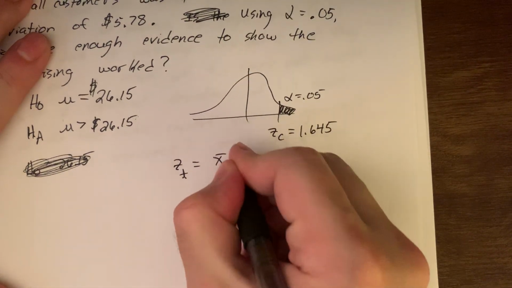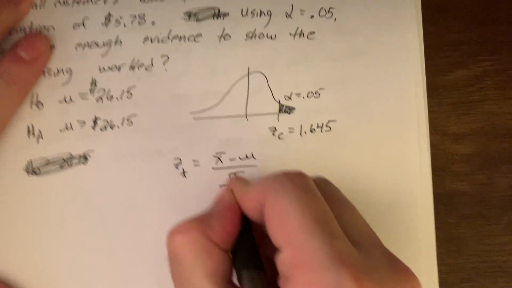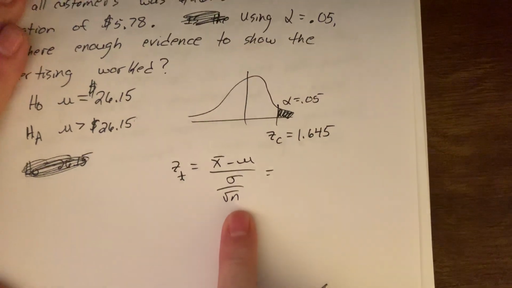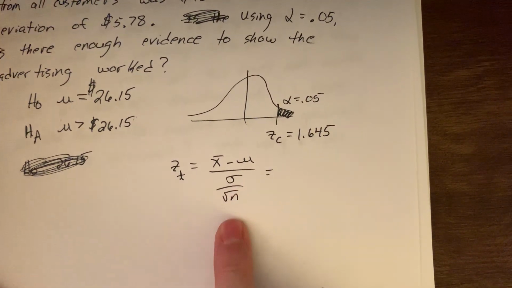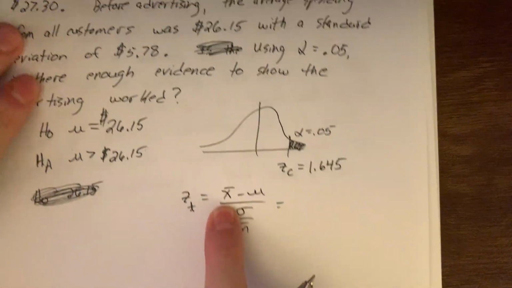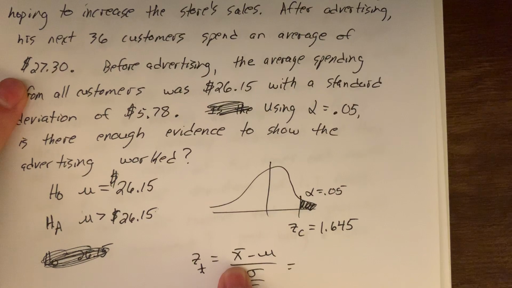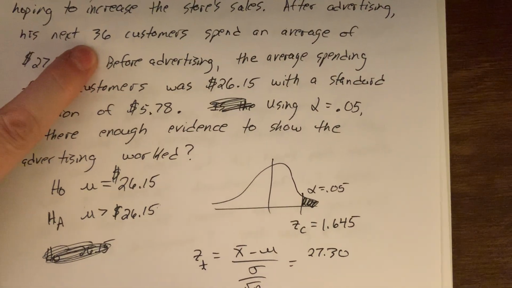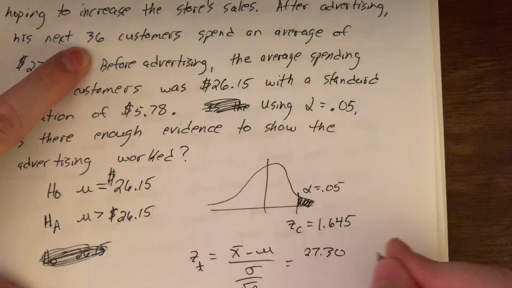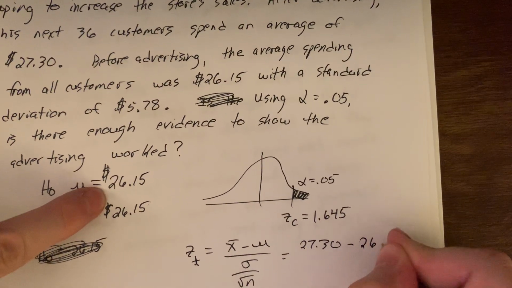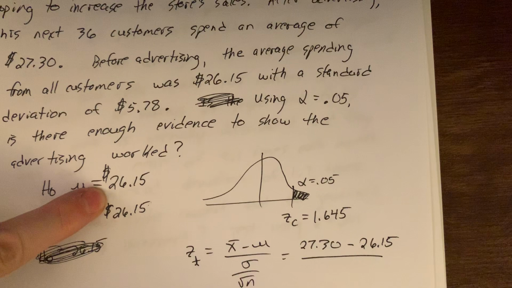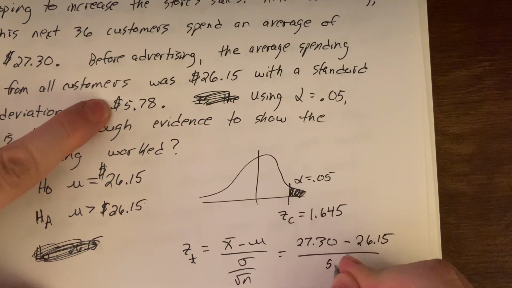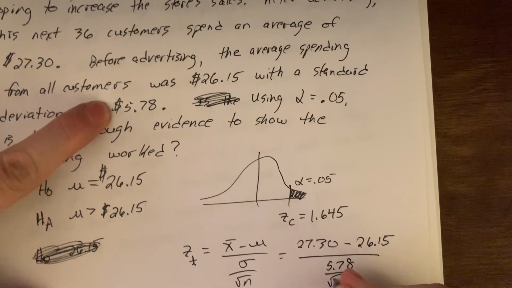I will get my test Z score. So sample mean minus population mean divided by the population standard deviation over the square root of n. Okay, X bar, there's the 2730. That's the average amount spent in my sample of these 36 customers, minus the population mean, the 2615, over my standard deviation, over the square root of n.